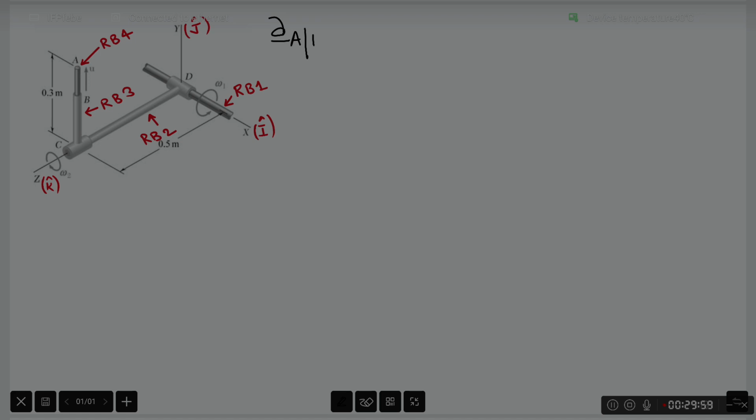It turns out for problems of this type, wherein you have to find both velocity and acceleration of the same point with respect to the same ground frame, the choices of IF and IP that we have already made for the velocity calculation will remain the same for the acceleration calculation as well.